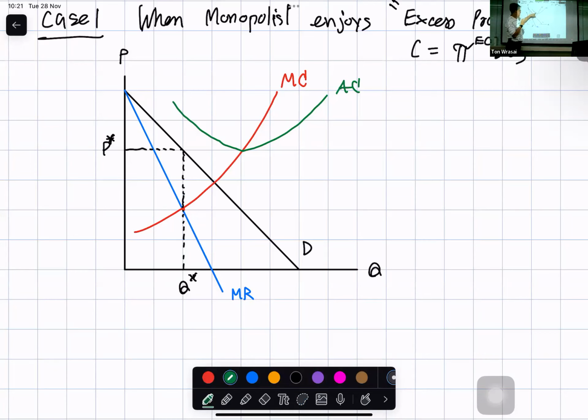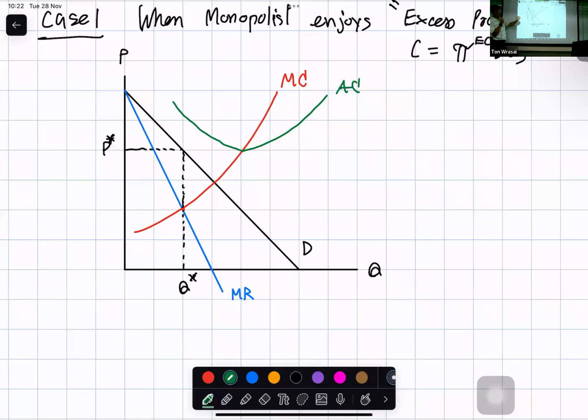Here, look, when the MC curve, the red curve, is below the green, when marginal is less than average, it will pull average cost down. Beyond the crossing, when marginal is higher than average cost, average cost will be pulled up. That's the marginal-average relationship.